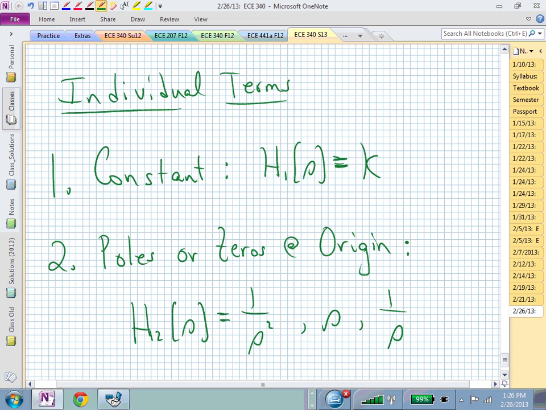Now in the time domain, what's 1 over s looking like as far as an operator? When somebody says, I have a system that has one pole at the origin, what are they talking about? It's just an integrator. They have a pure integrator.